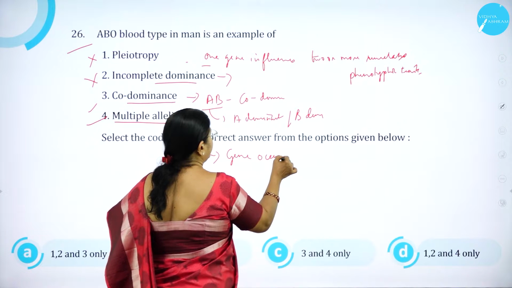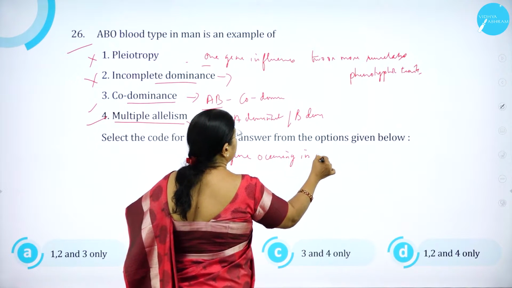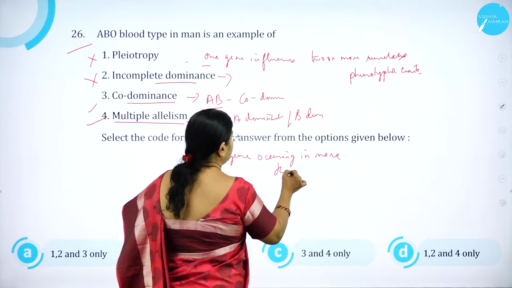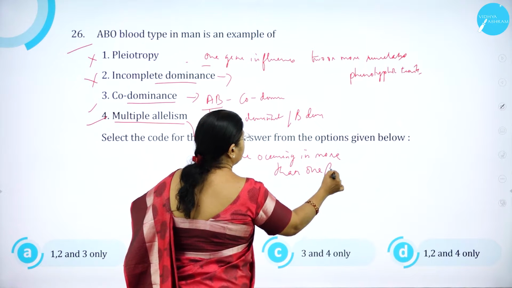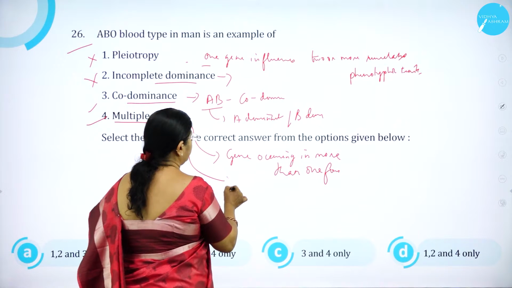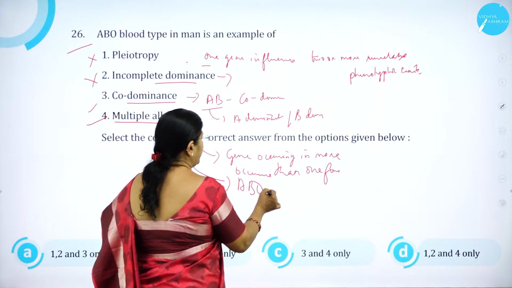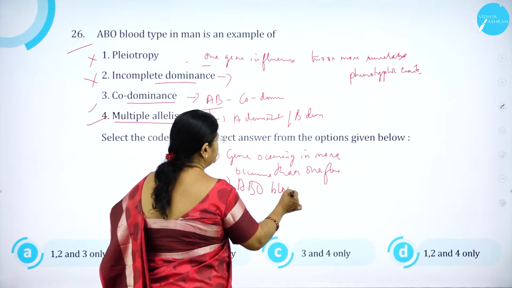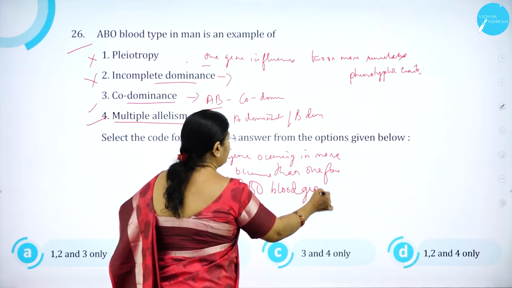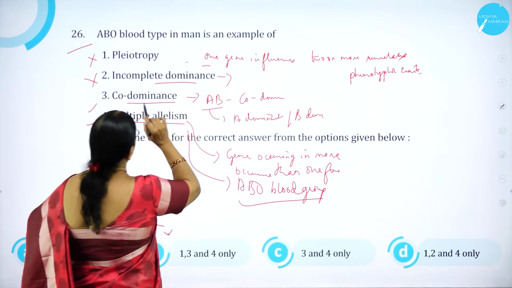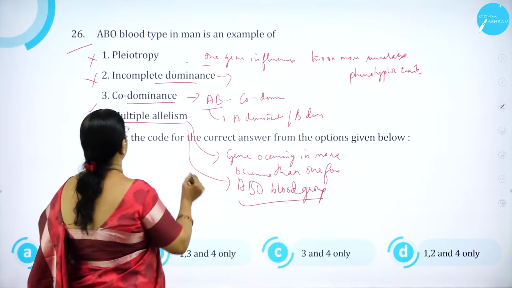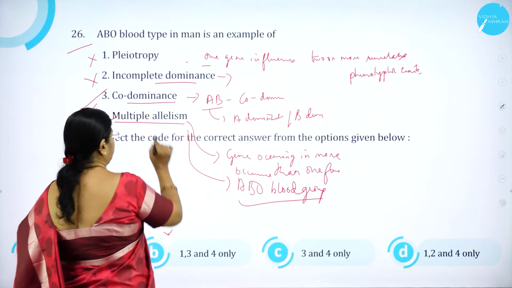And a classical example for multiple allelism is occurrence of ABO blood group. So ABO blood type in man is an example of codominance and multiple allelism.